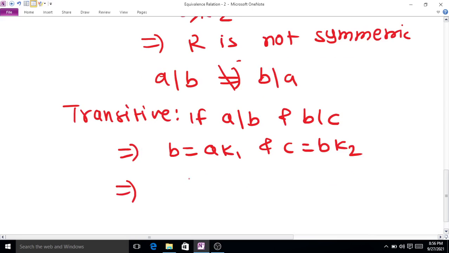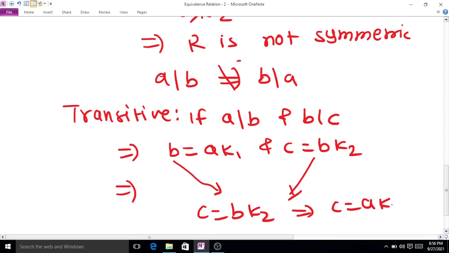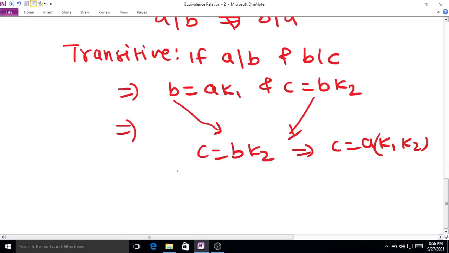Then we want to show that a divides c, that is c is a multiple of a. Since c is equal to b k2, if you put the value of b, then c is equal to a times k1 k2. So k1 k2 are integers, so c is equal to a times k3, where k3 is equal to k1 k2.